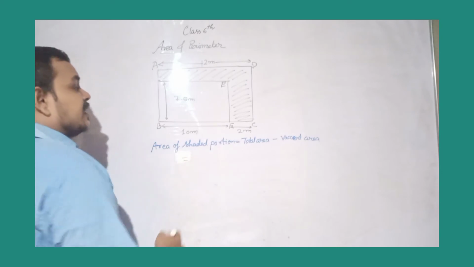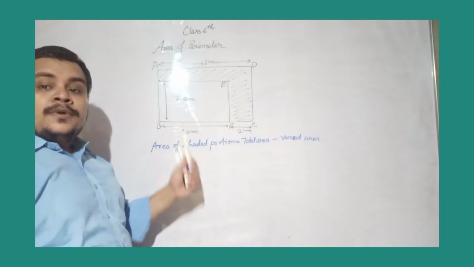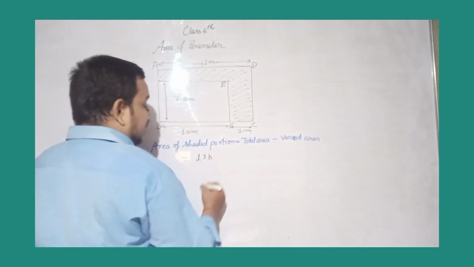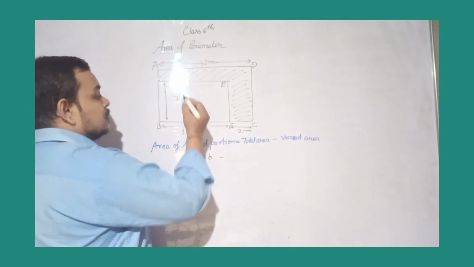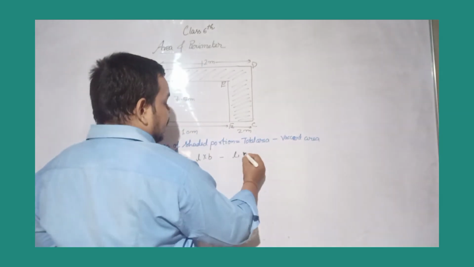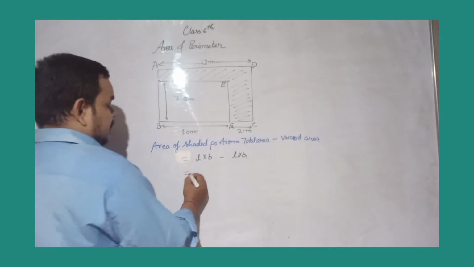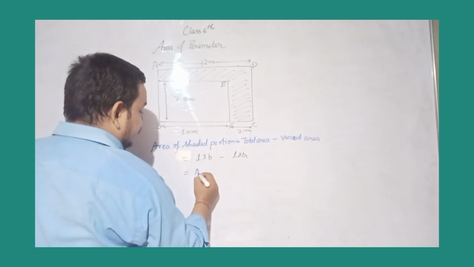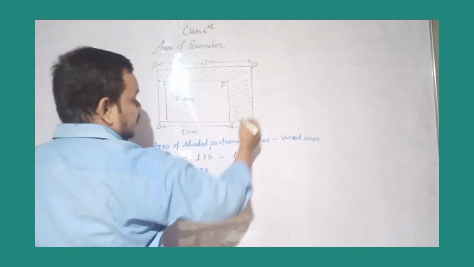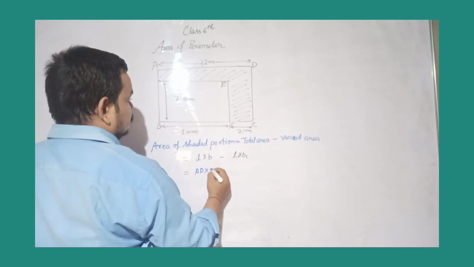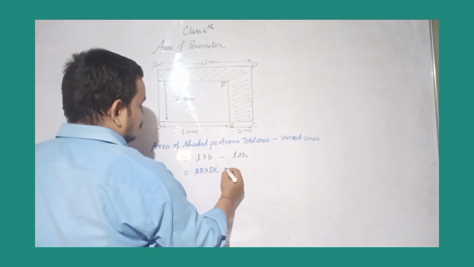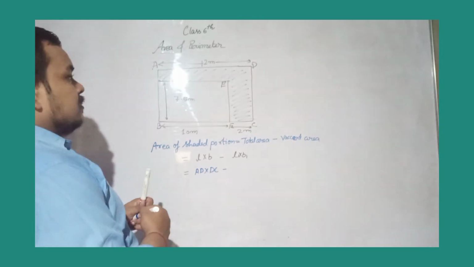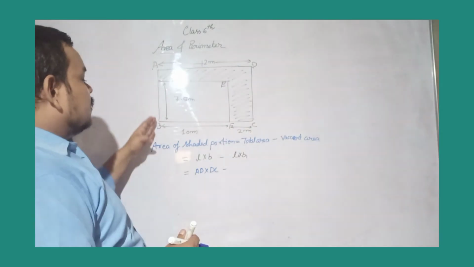Both are rectangles, so the formula will remain the same, but here for the large total area we will write L into B, and for the smaller area or the vacant area we will write L1 into B1. L into B, total length means AD multiplying with DC, minus, here there is confusion about what the total length will be.